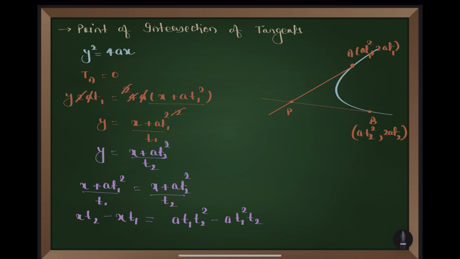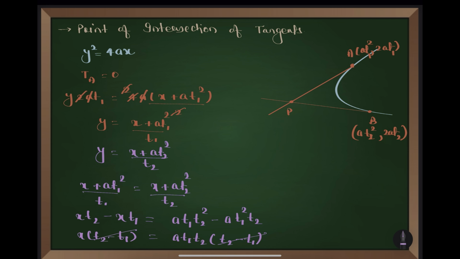Okay, now look at this. I'll take common, so (t2 minus t1) x. Now I'll take a t1 t2 common, so it is a t1 t2 times (t2 minus t1). Now this thing gone.